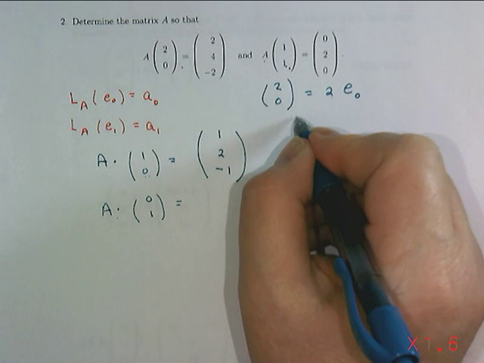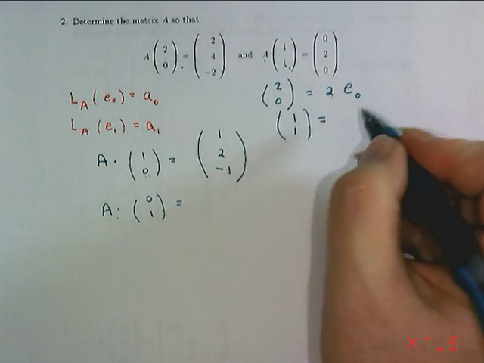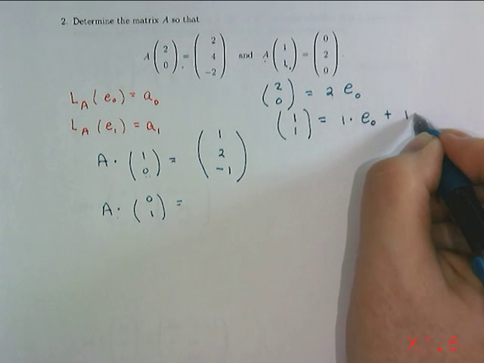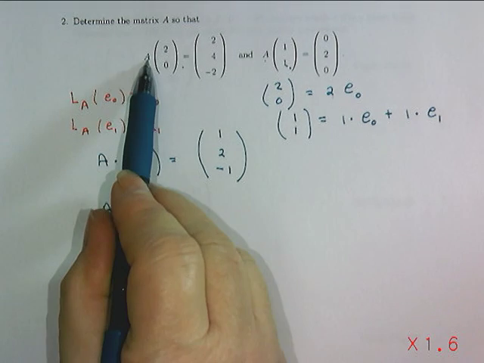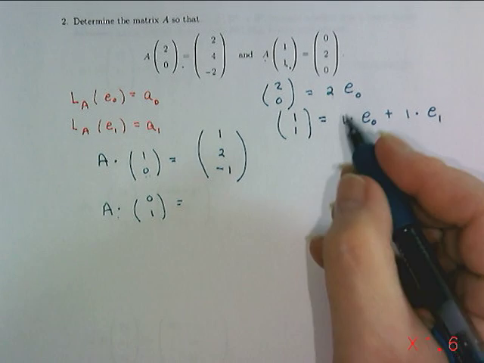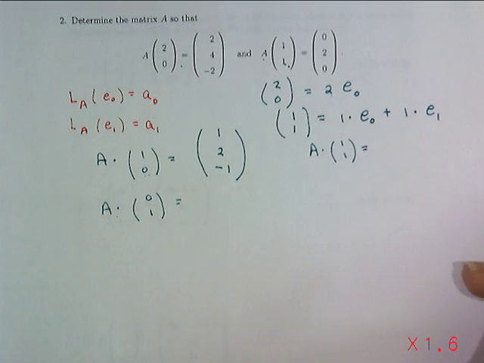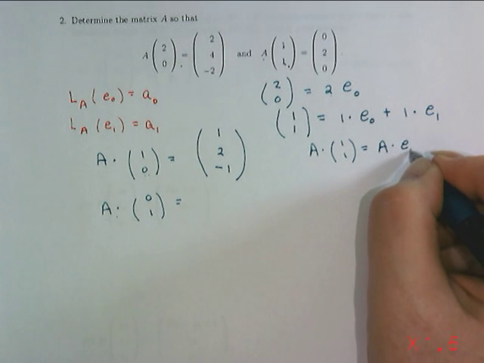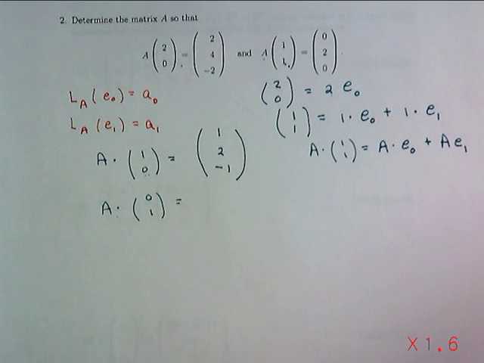Well, we know that the vector 1, 1 can be written as 1 times the first unit basis vector plus 1 times the second unit basis vector. And again, since this matrix multiplication describes a linear transformation, A times the vector 1, 1 is equal to A times the first unit basis vector plus A times the second unit basis vector.